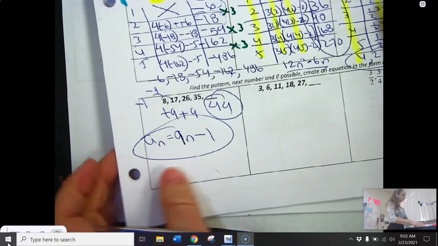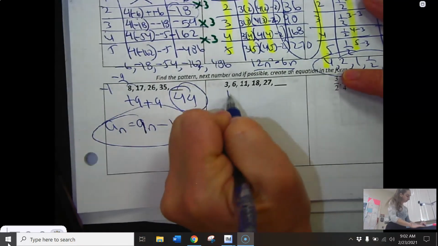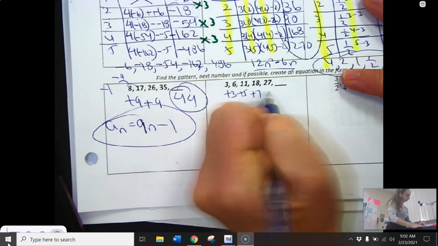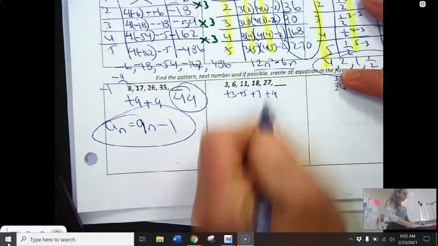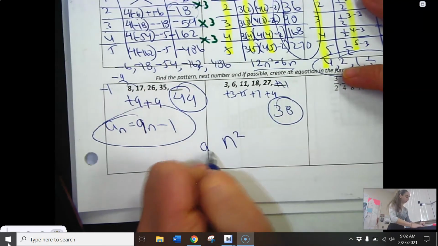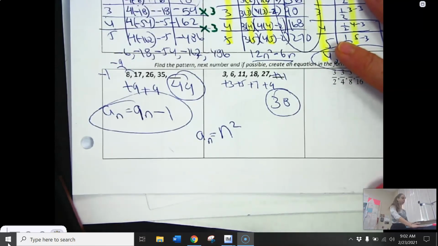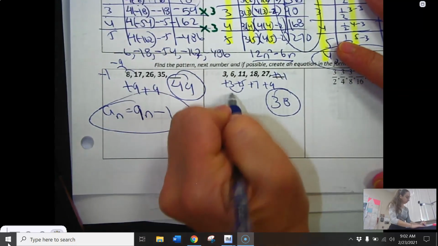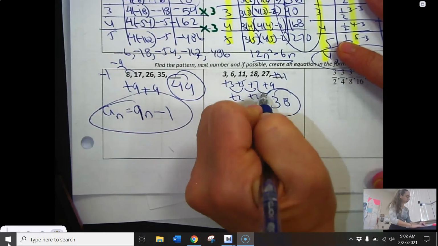Okay. This is a harder pattern here. This one is plus 3, plus 5, plus 7, plus 9. So plus 11, 38. This is actually a quadratic function, but you're not necessarily going to have to know that, but you know it because plus 2, plus 2, plus 2.